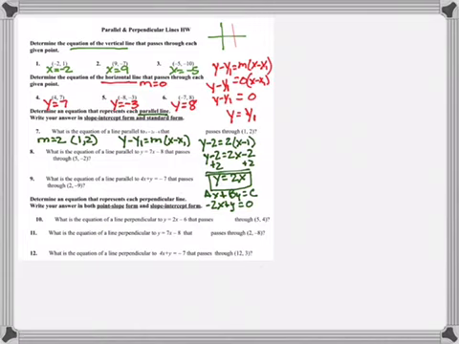So when I multiply everything through by -1, I'm going to end up with 2x minus y equals 0. And that is my standard form for this equation. And now you'll do the same process when you go through 8 and 9. Find your slope, use the point and the point-slope formula, plug your numbers in, and then you can just rearrange your terms like you need to put them in slope-intercept form and standard form.